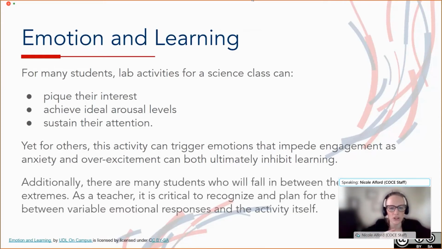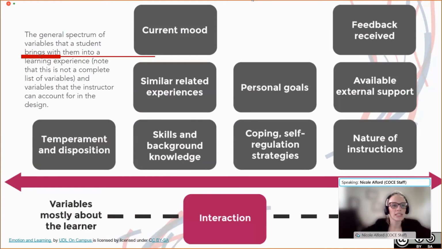There's a spectrum of this learning and emotion graphic that I'm about to display. It shows how students' interaction with assessments can be on a large spectrum depending on their emotions. And right now, students have a lot of emotions.